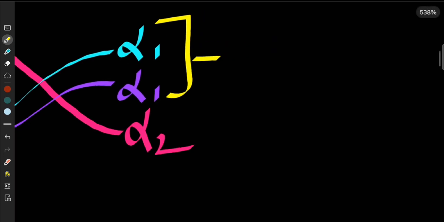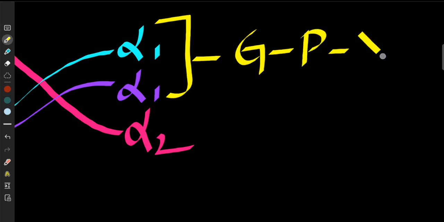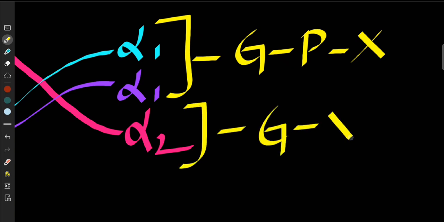Why do you think there is a difference between these polypeptides? Because there is a difference in the sequence of amino acids. So when we talk about the alpha 1 chain, the normal amino acid sequence would usually be GPX, and when we talk about alpha 2, it could be GXP.